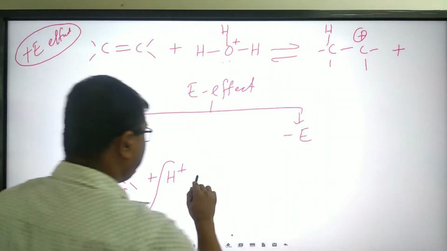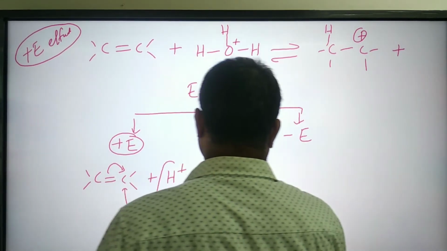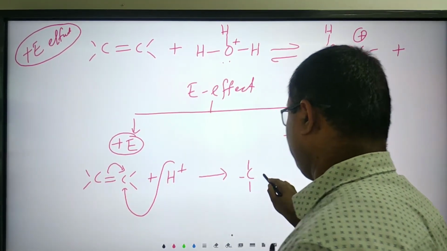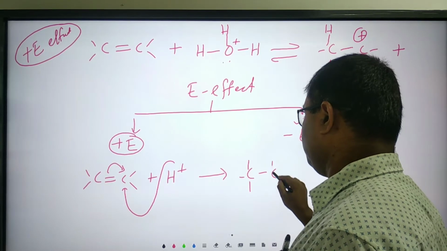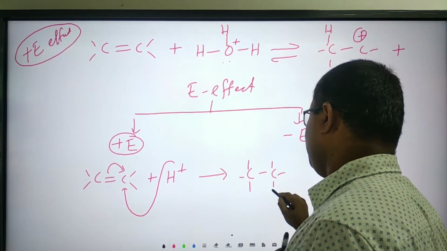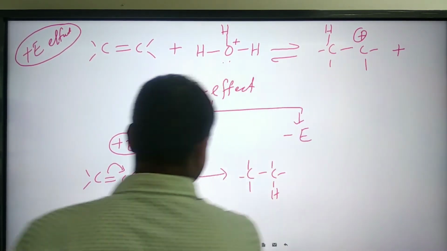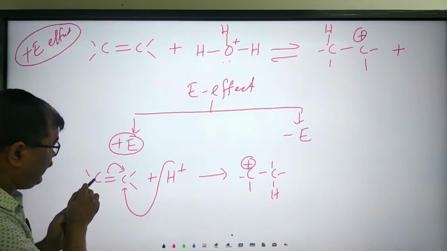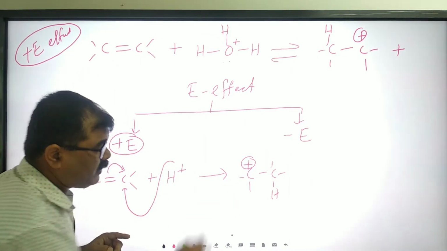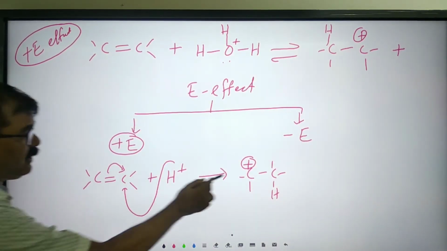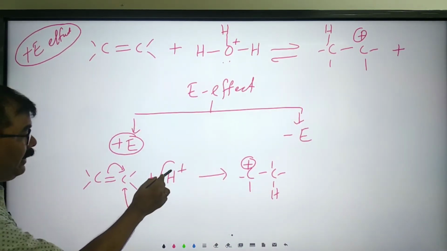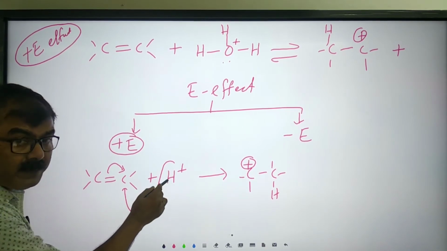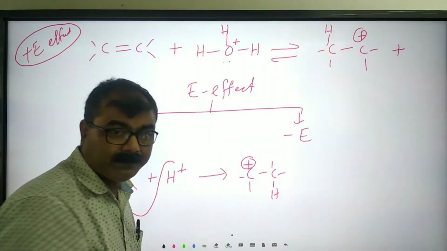Then what is the result? Since deficiency of electrons will take place in this particular carbon, there is a positive charge on this carbon, and the attacking reagent H plus attaches here.